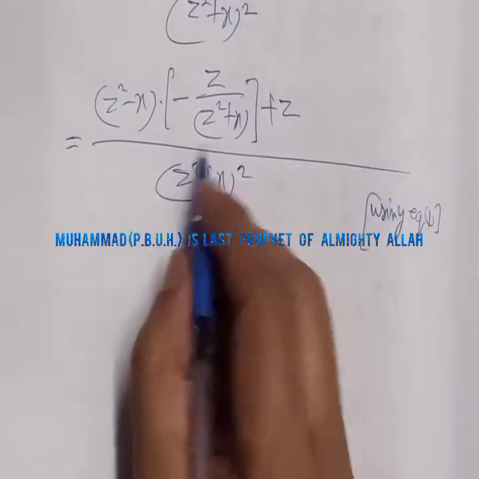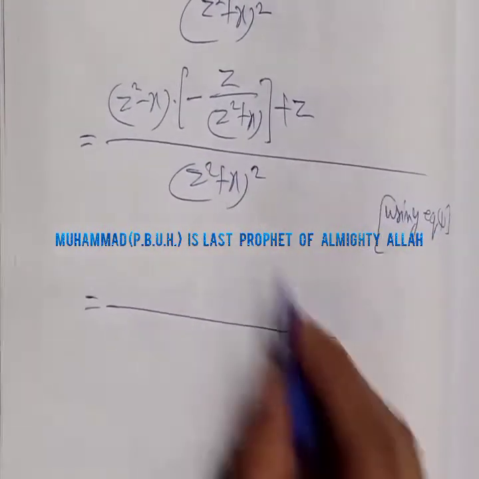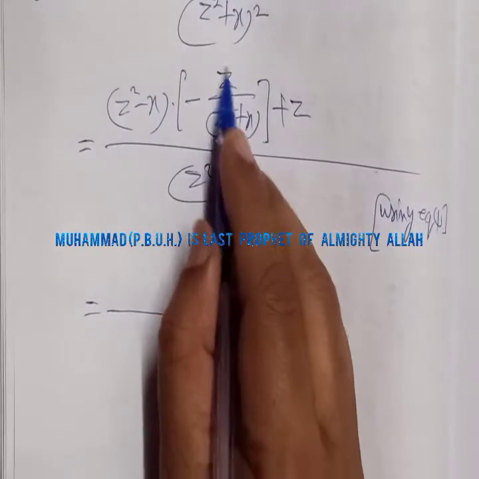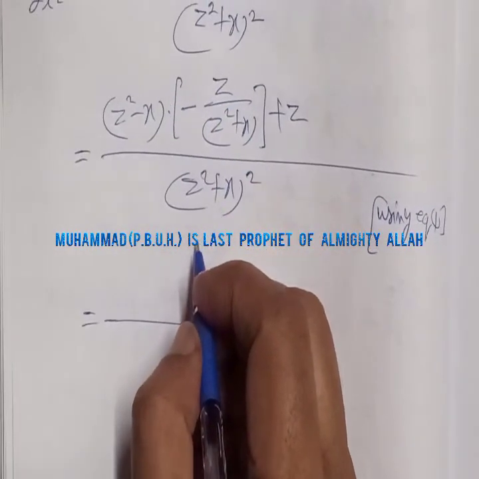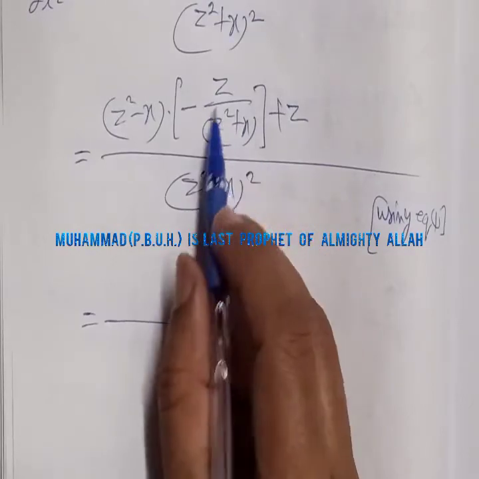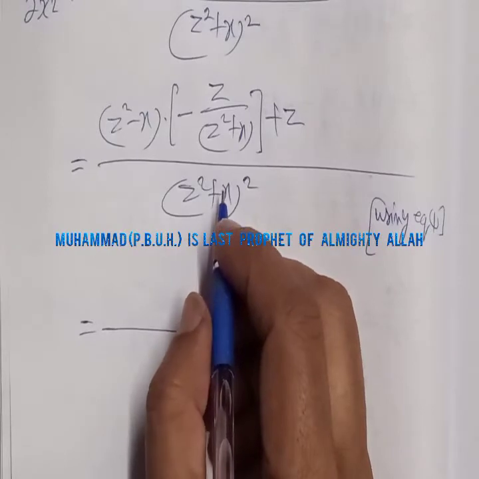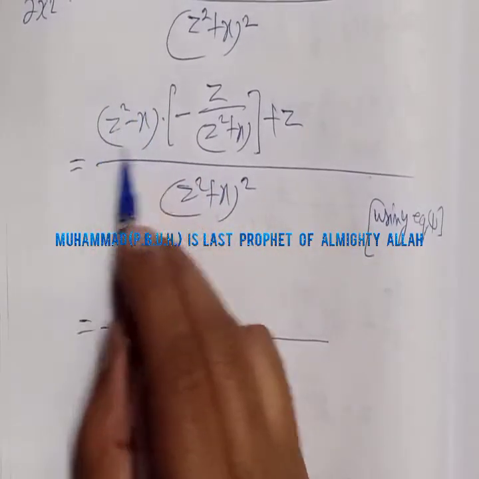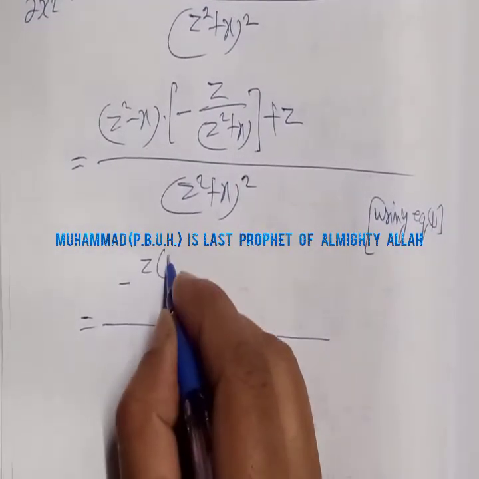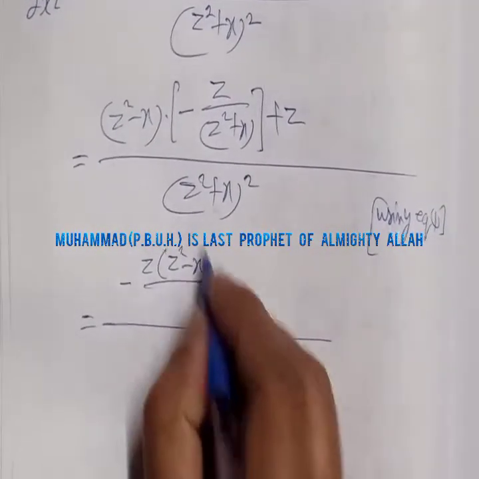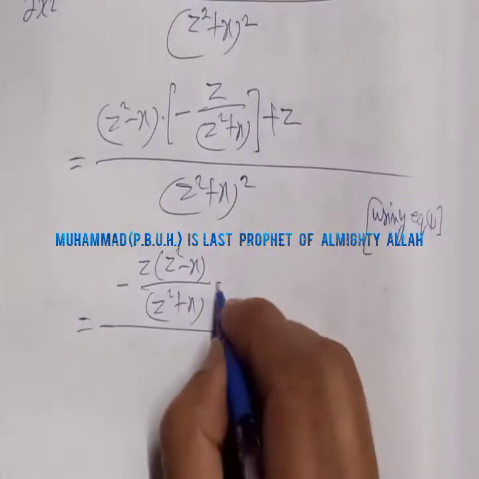Now we should solve it by multiplying this value to here z, or we can take out z from this bracket, or we can write it as multiply to this here. We get z and z square minus x numerator, and denominator is z square plus x, and plus z is here.